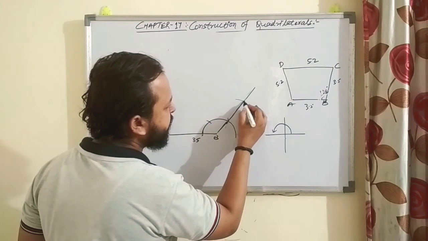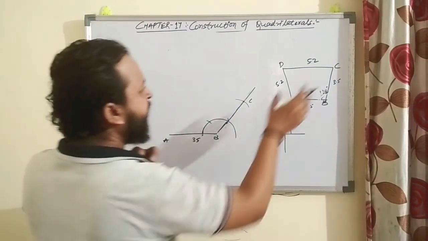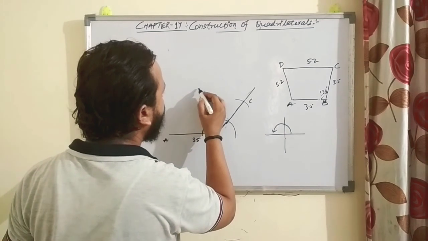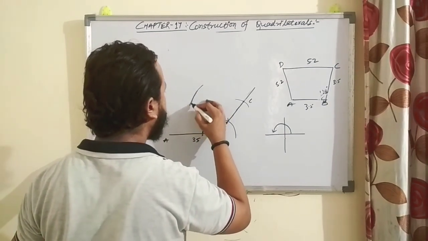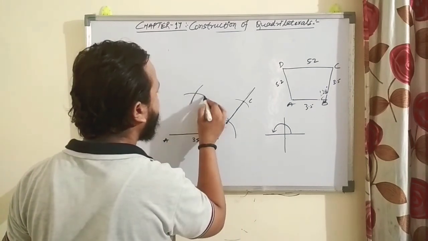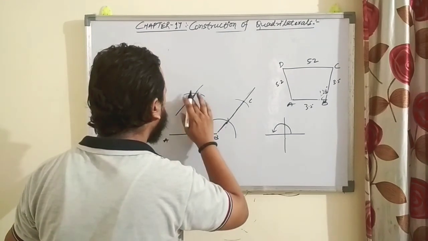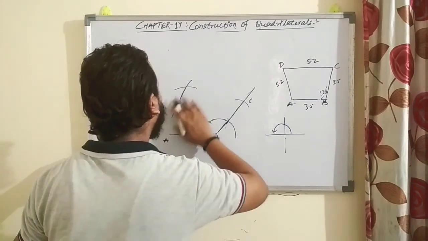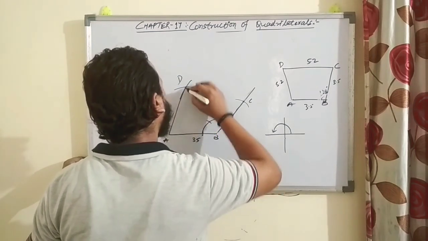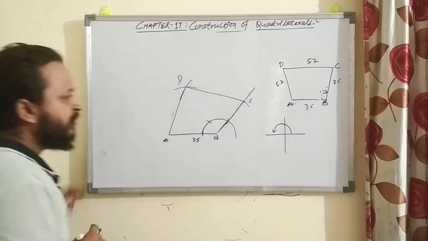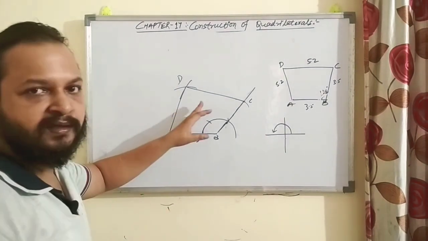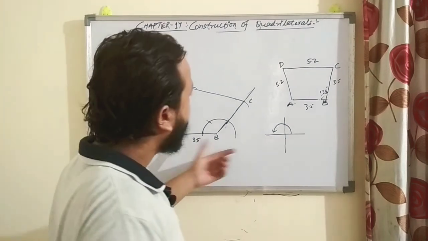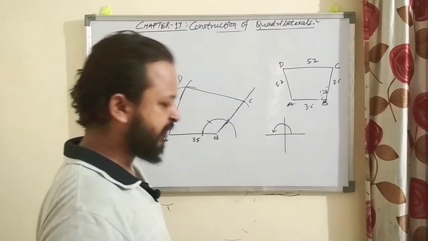So this point is C. Now take the length of 5.2 centimeter from the compass, draw two arcs using C and A as centers, and join that D point to A and join D to C. You will get the image where the dimensions are given.